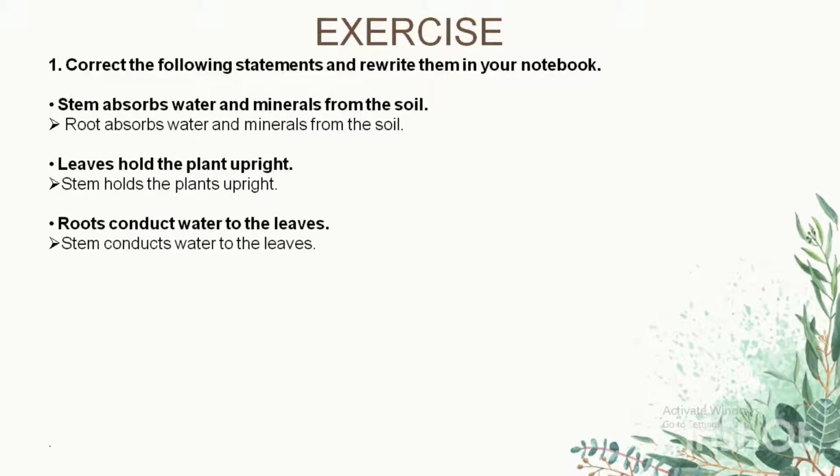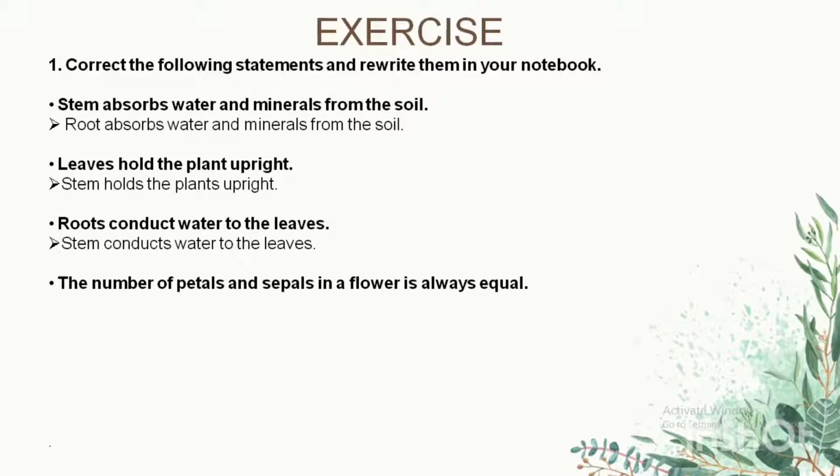Because stem's main function is transportation. मैंने आपको बोला था stem का काम zomato जैसा है. That zomato's main function is to provide you food and drinks from the source to the destination. Okay, वैसे ही stem का काम है to transport the water from the roots to the leaves and food from the leaves to the roots. So answer should be stem.